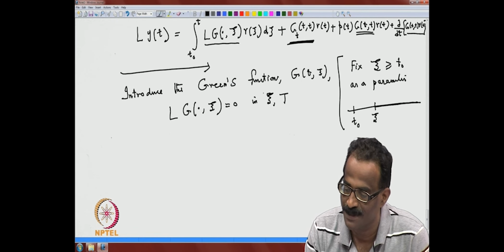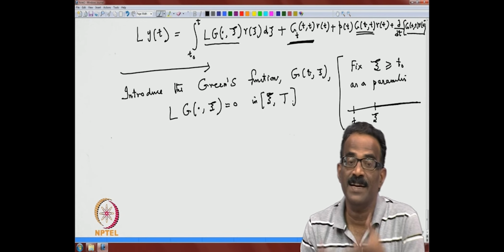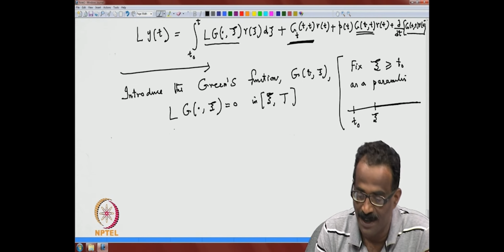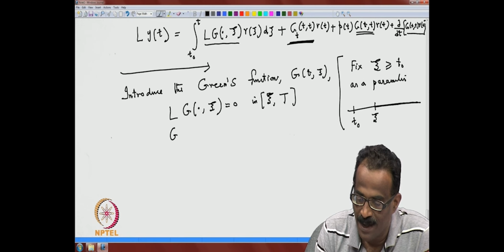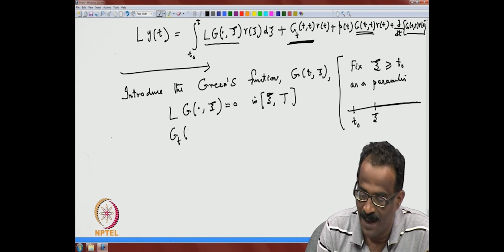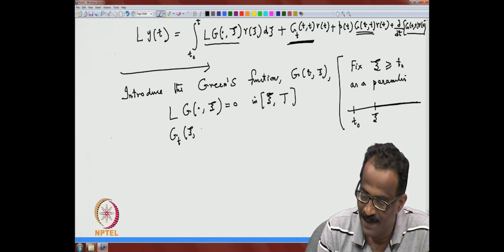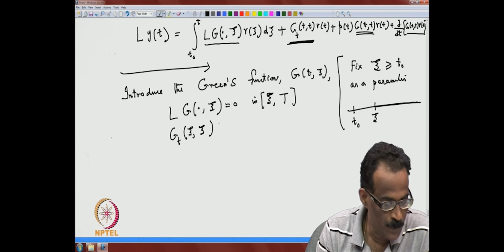So, I need conditions at psi. What are the conditions I will put at psi? I will put g t at psi equal to 0.